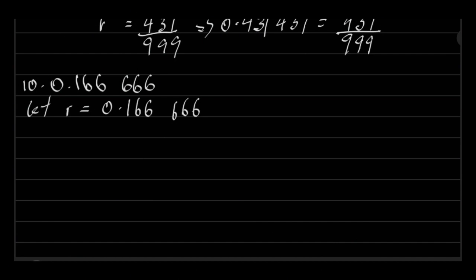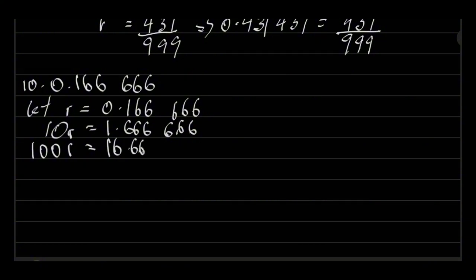So we started, let r be equal to 0.1666, and then 10r will be equal to 1.666666, and then 100r will give us 16.666666. So if you notice, the aim is to make sure that after the decimal point we have the same value, so that when we subtract we'll be left with only whole numbers.